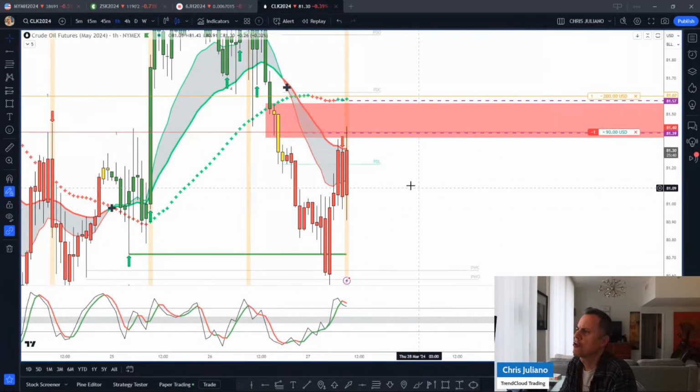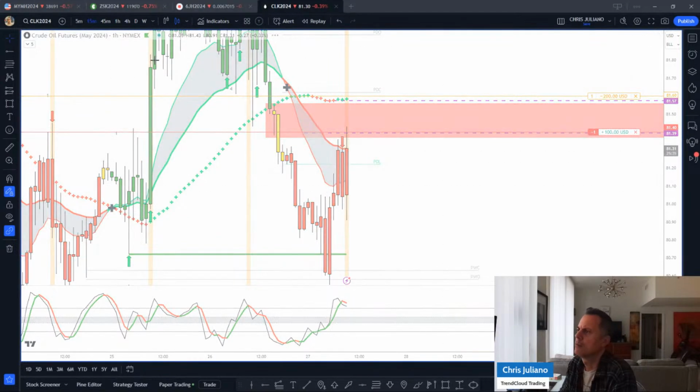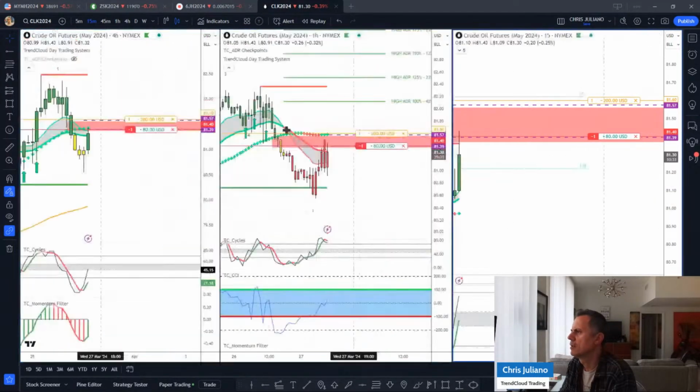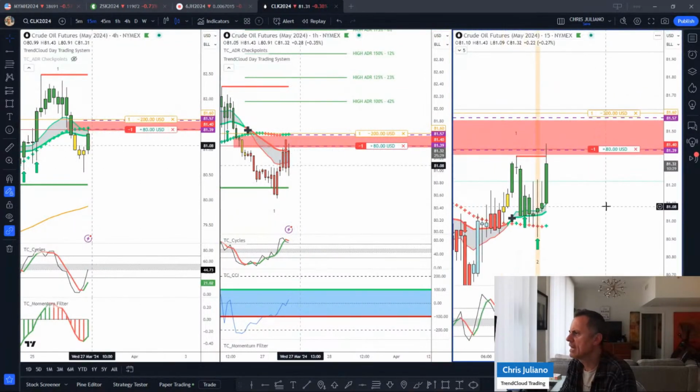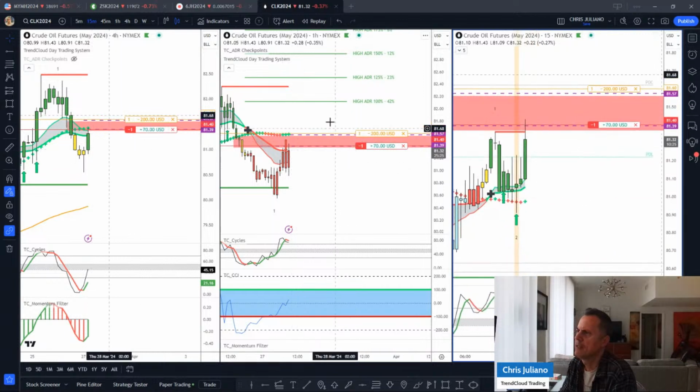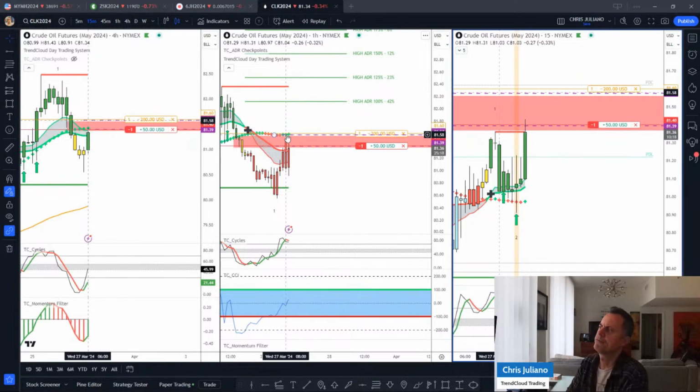So if we get a reaction off of this, and we do get this candle to break through some structure to the downside, then this should turn red again. We just don't know. We just have to let it play out.